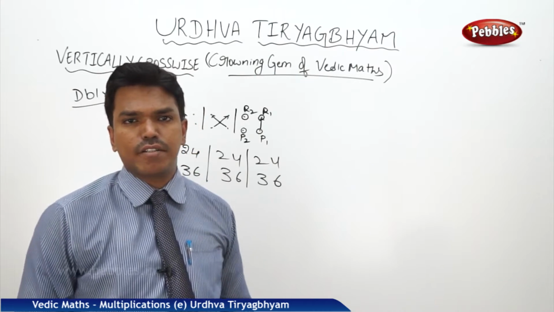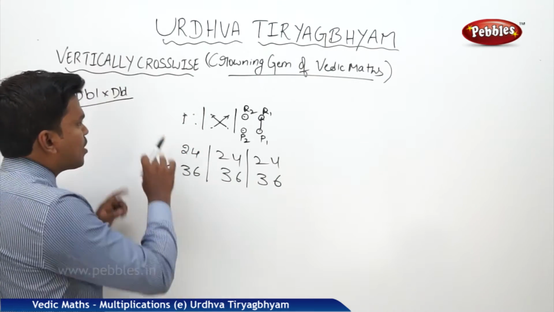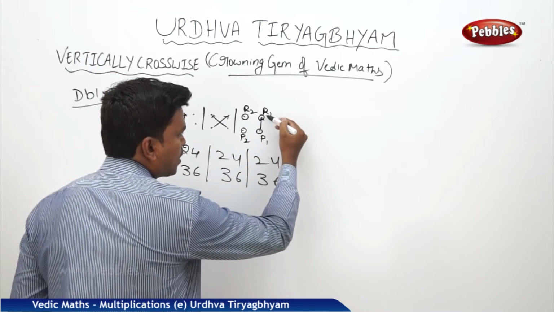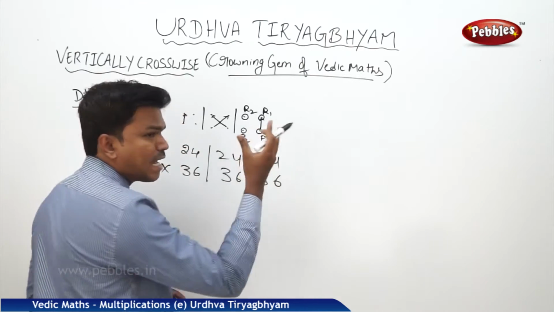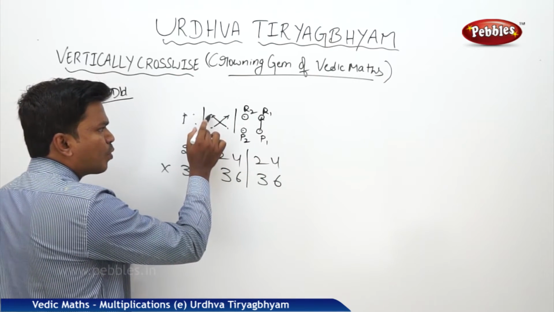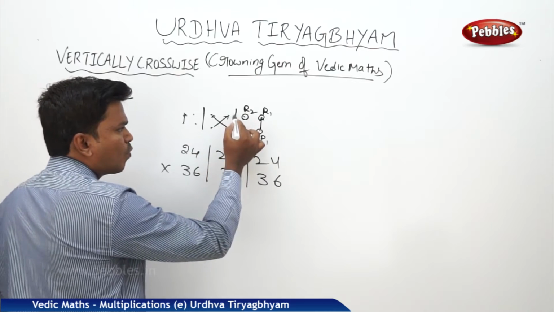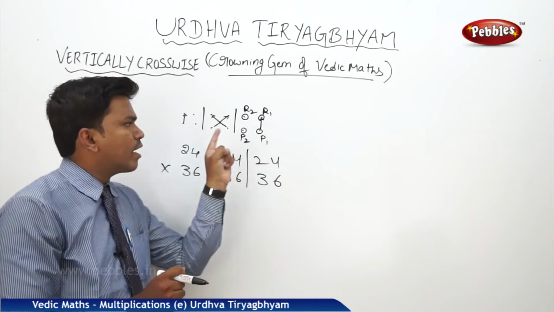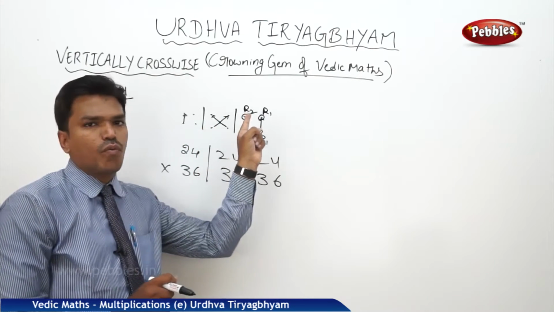Now let us start. In double digit into double digit, there are 3 steps. Now the first person goes to the first room. This is the first step. Now the second person has no chance. In the second step, the first person goes to room 2, and the second person goes to room 1. Why? Because he is waiting for the chance. Whenever room 1 gets vacated, person 2 directly enters room 1.